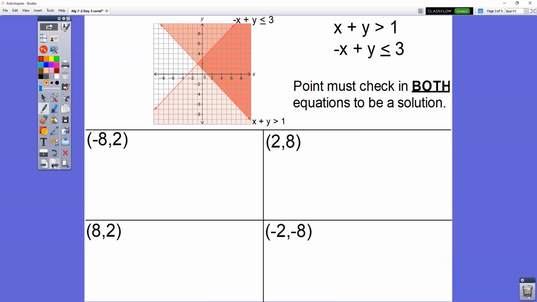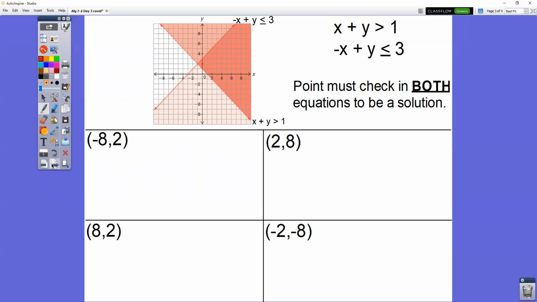What we're going to do now is sub it into a system of inequalities. So we have our two inequalities. We have x plus y is greater than 1, and we have -x plus y is less than or equal to 3. So let's say that we went and graphed them. All right, this is our graph. You see your dotted line for that top equation, and we're shading above.